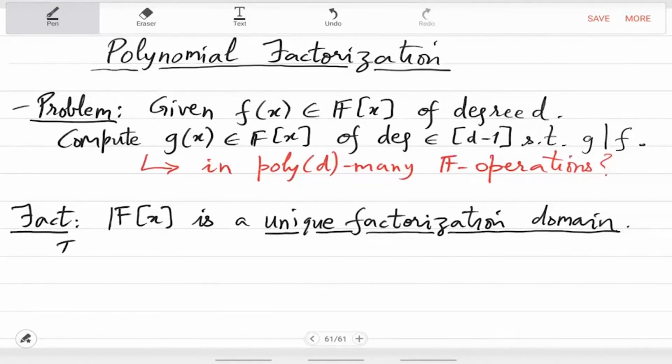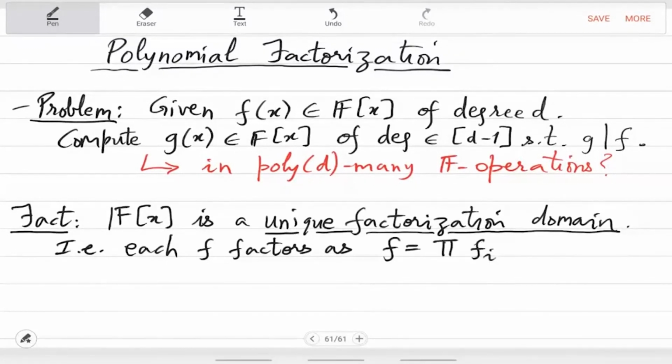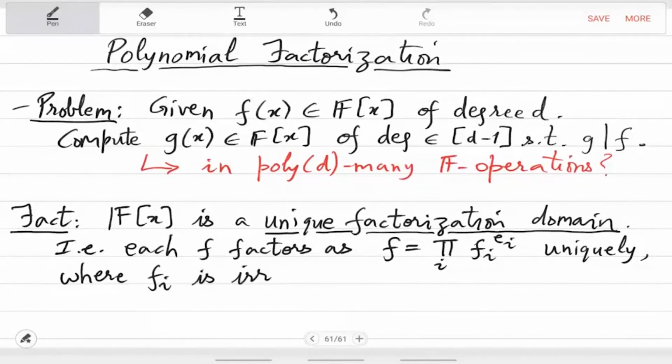So that is, each f can be written as a product of fi^ei uniquely, where the fi's are irreducible and the ei's are just non-negative numbers.